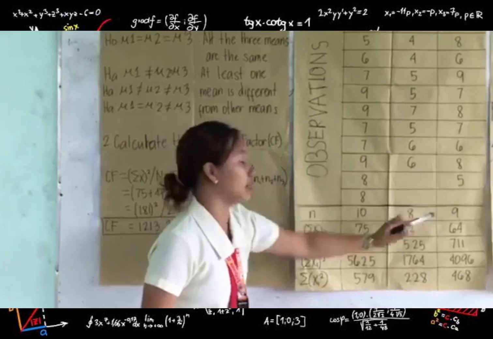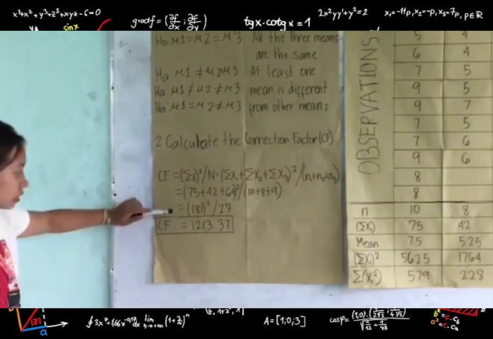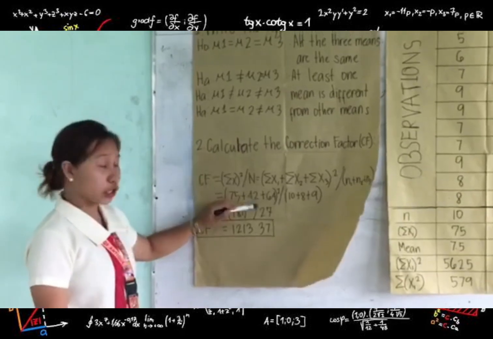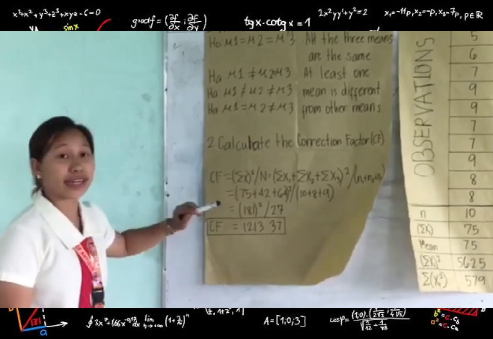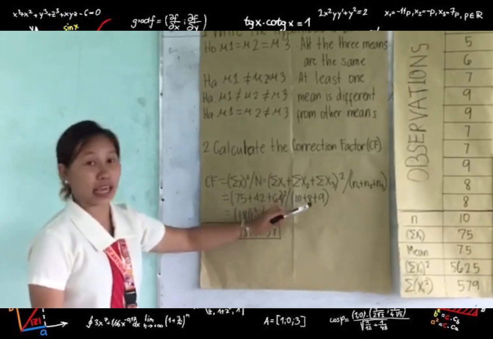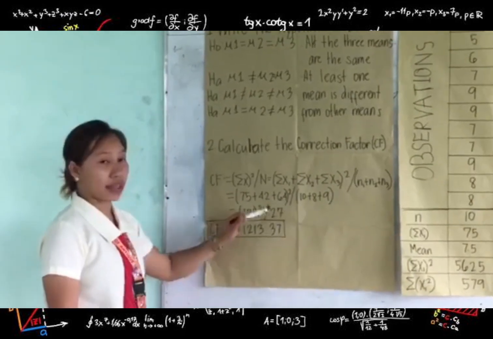The total of 75 plus 42 plus 64 equals 181, squared, divided by the total of 10 plus 8 plus 9 equals 27.